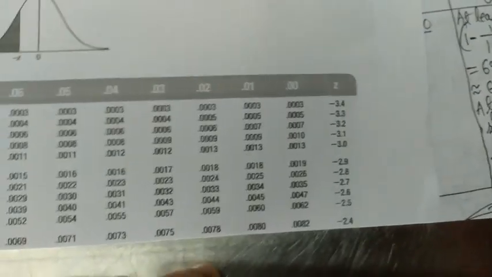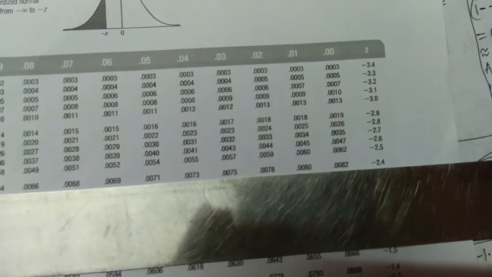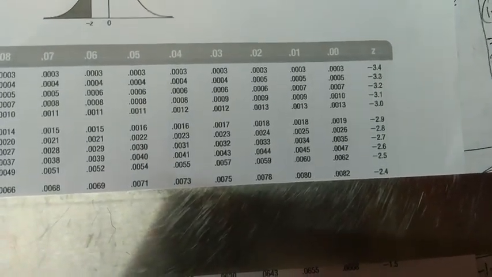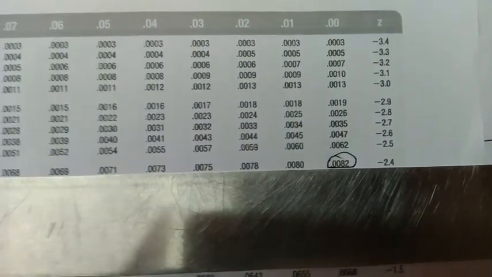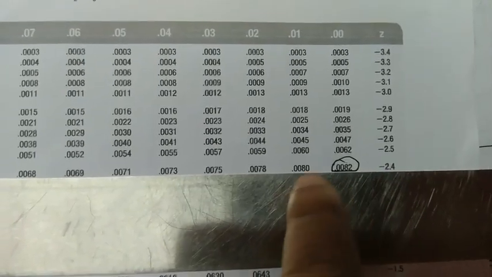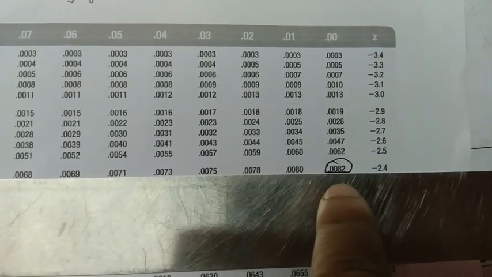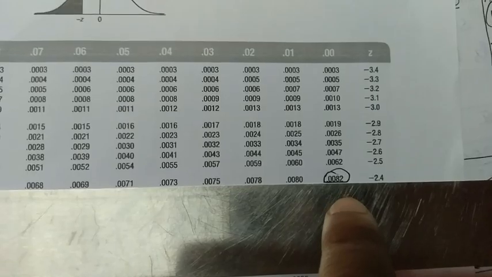So we get the value for this z score as 0.0082. That means for this z value minus 2.4, the area is 0.0082.